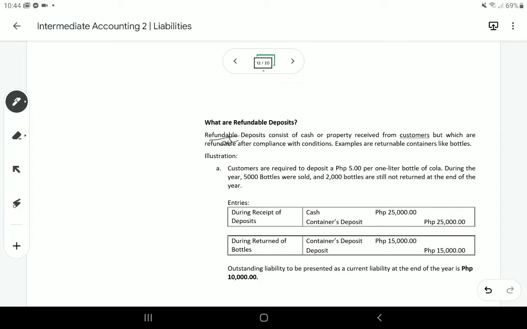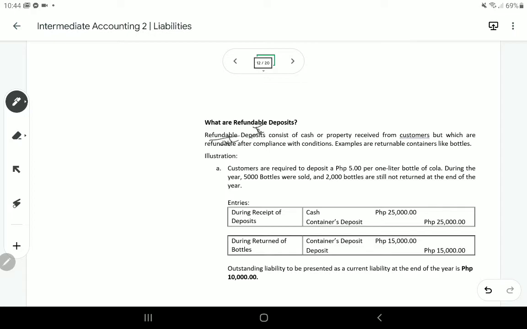Then as a security para isauli mo talaga yung nakuha mong container, dapat magbigay ka ng certain amount. And that certain amount is your refundable deposit, no?